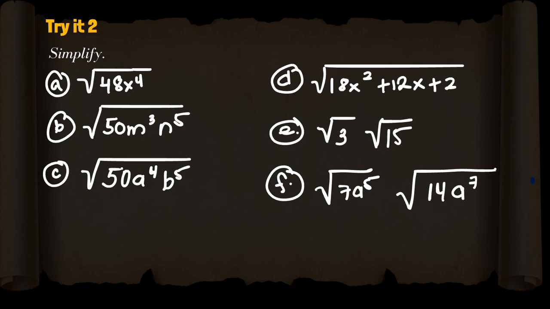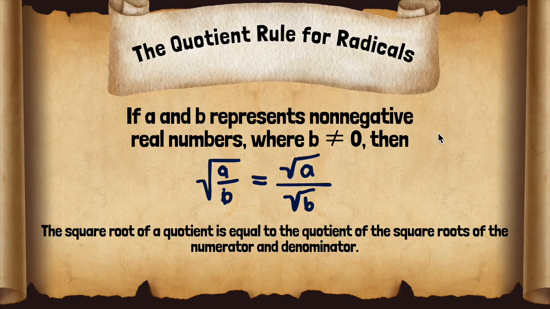Okay, so in this case, we will proceed to the second rule, which is the quotient rule for radicals.